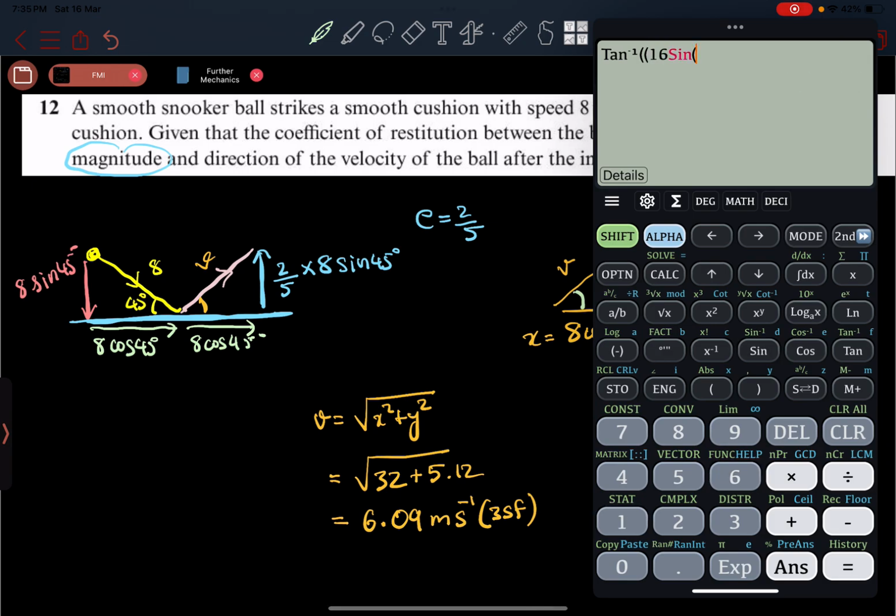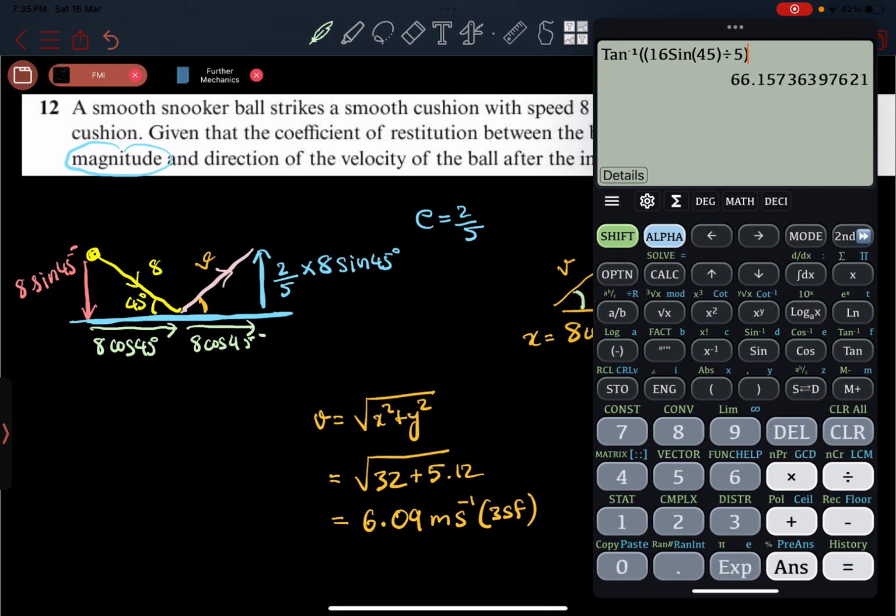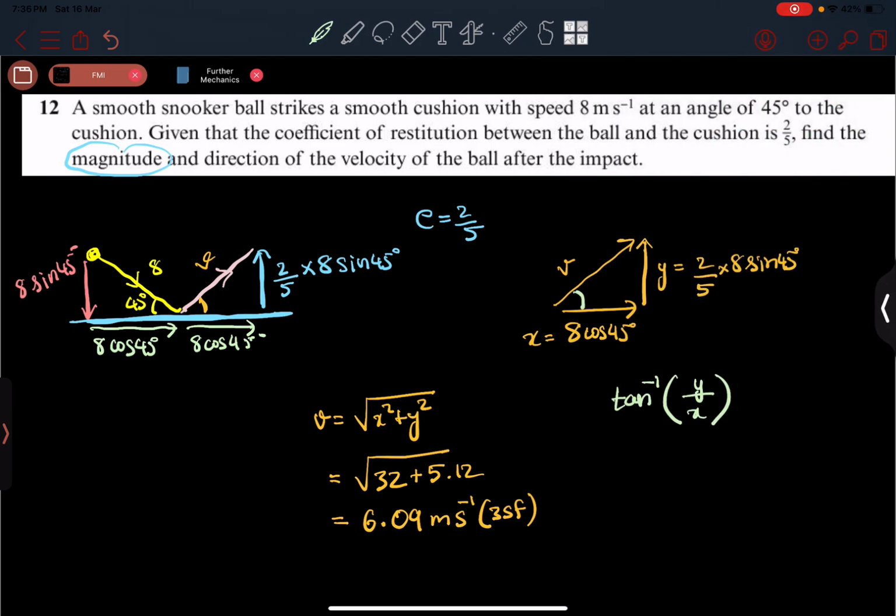That should give me 16 over 5, and that's my y. I'm going to divide it by my x, which is 8 cosine 45. So tan inverse of that, my answer is 21.8. So the angle here is 21.8.